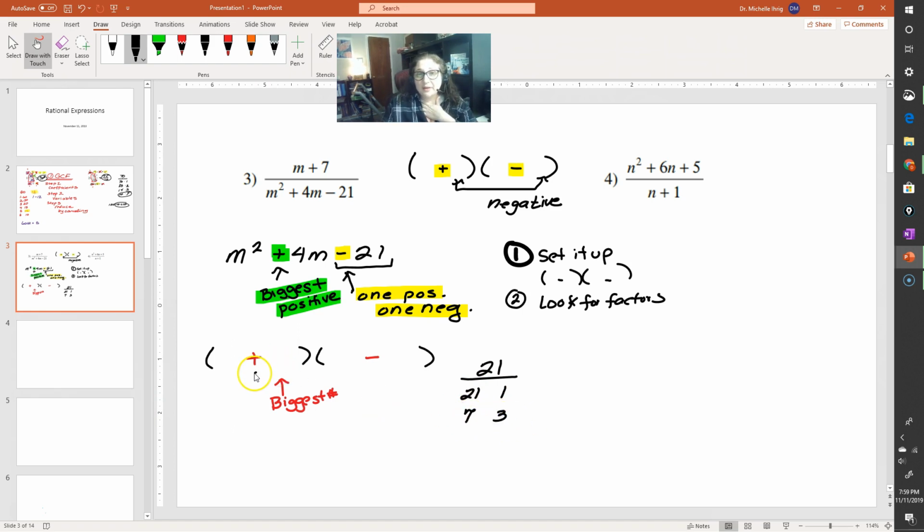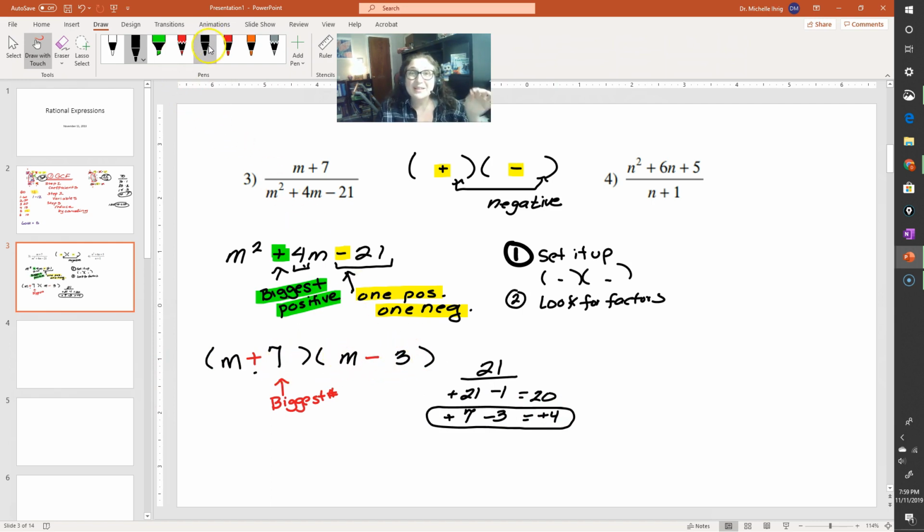Now, I know my biggest number is going to be positive, so I'm going to put a positive here, and I know my smallest number has to be negative. So when I do 21 minus 1, I get 20, but I'm trying to get the 4. When I get positive 7 minus 3, that gives me positive 4. So this is the pair I want. So now I'm going to do m plus 7 and m minus 3.